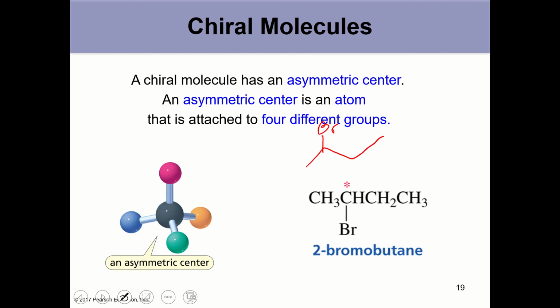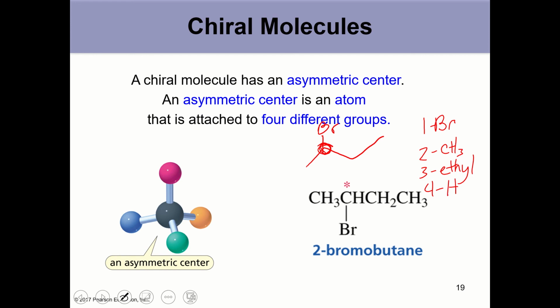When I am looking at this molecule, how am I comparing if the groups are different groups? I specifically choose only this carbon, and then I say, what is it bonded to? It's bonded to 1, bromine, 2, methyl, 3, ethyl, 4, hydrogen.